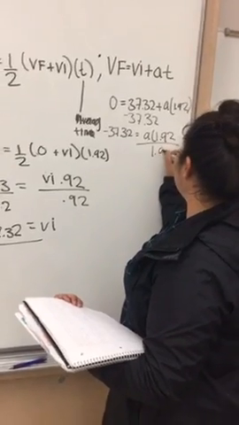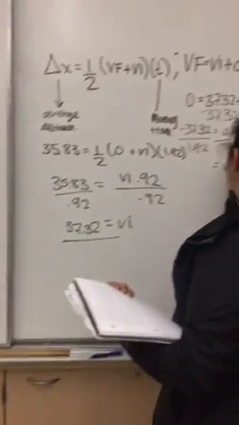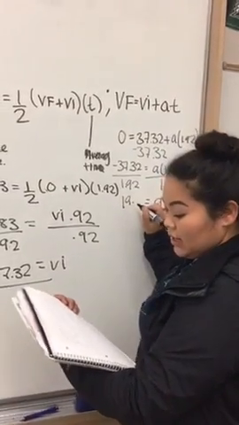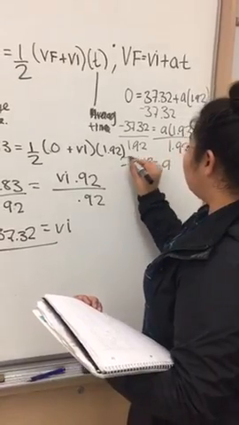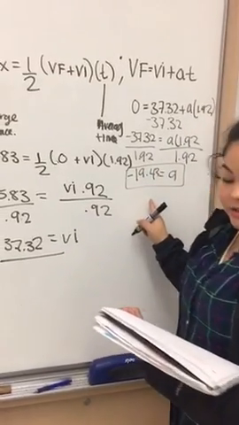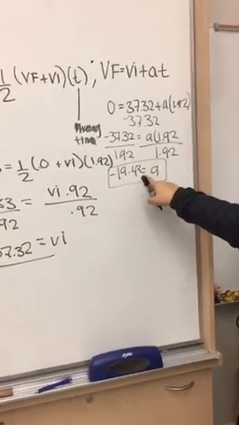Divide it by your time. A would equal negative 19.43. And it's okay if you get a negative answer because you're trying to get what is needed in order for the bag to stop.